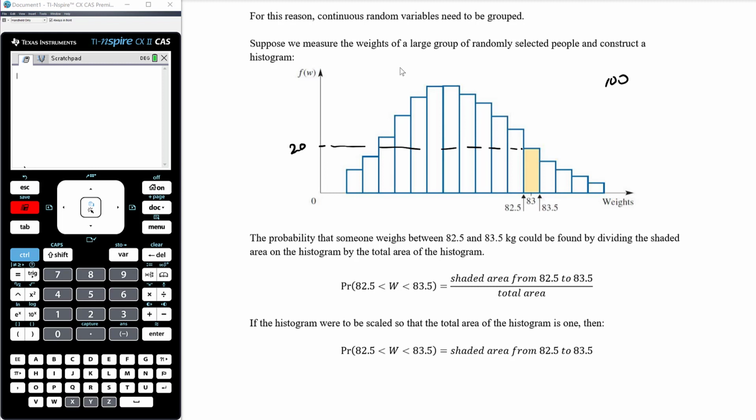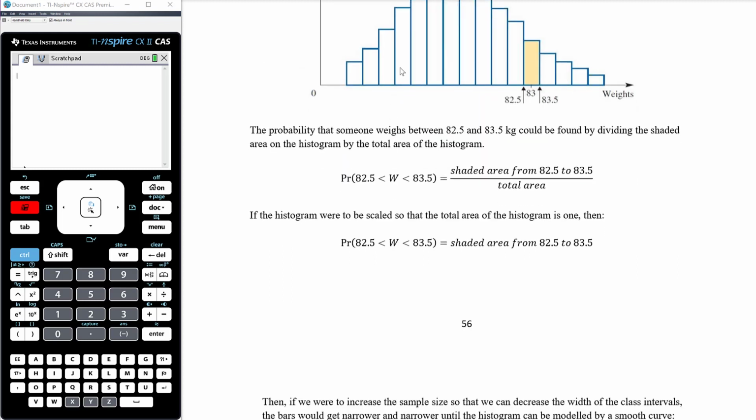We would instead rescale the histogram so that's now 0.2, so that the total area of the histogram adds up to 1. And so we wouldn't need to divide the shaded area by the total area, because if the total area is 1, then it would just be the shaded area that gives the probability. So we want to think about this idea of making sure that the total area is 1.